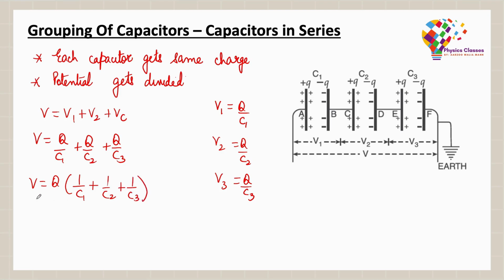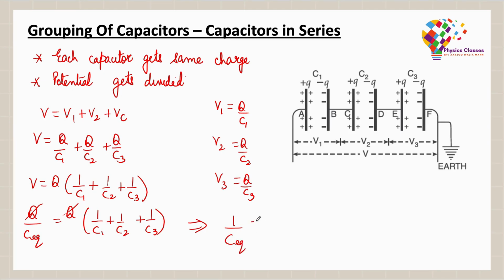And now this V is actually nothing but the total charge by the equivalent capacitance. So this is Q into 1 by C1 plus 1 by C2 plus 1 by C3. Now if I cancel both the charges, then I can say that 1 by C equivalent, or the equivalent capacitance in a series circuit, is 1 by C1 plus 1 by C2 plus 1 by C3.